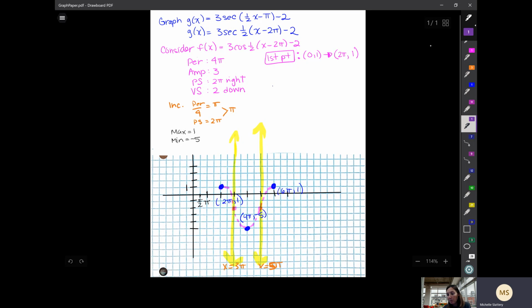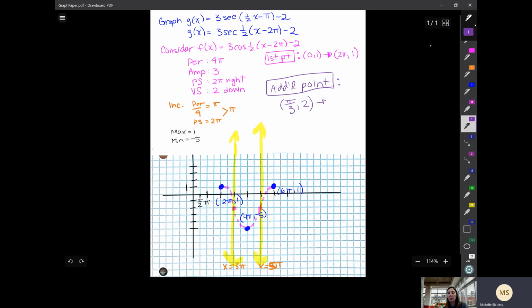So let's do an additional point. And I think about a parent function point. That's an easy one to work with for secant. Well, that would be not using a √3 or a √2 in the y value would be nice. So I'm going to use the point. If I plug in pi over 3, then my secant value is 2.